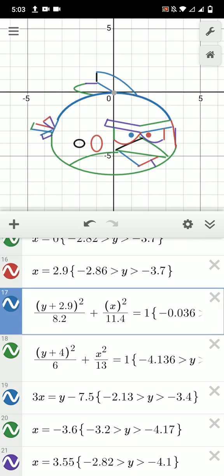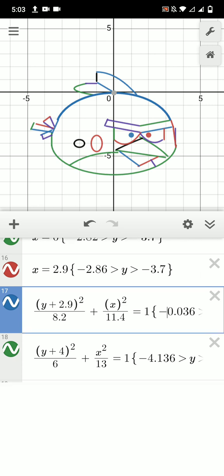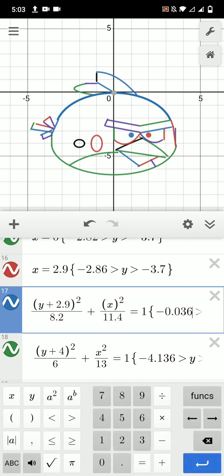This function here is an ellipse: (y + 2.9)^2 / 8.2 + x^2 / 11.4 = 1, with the domain of y less than -0.036 but greater than -2.124.